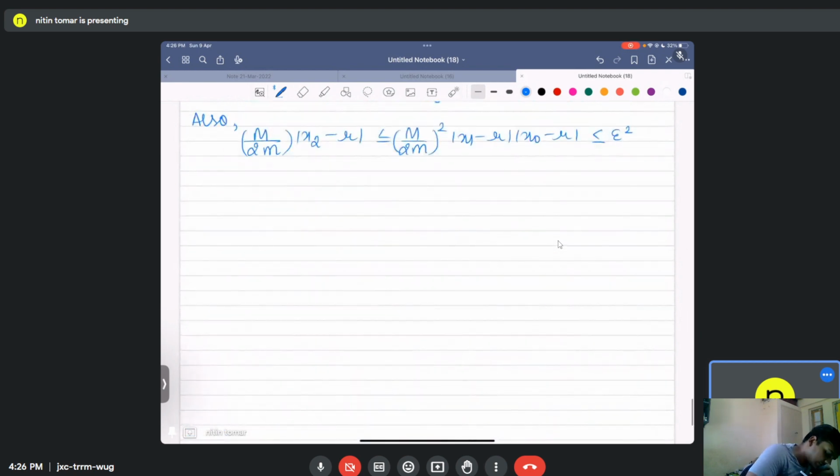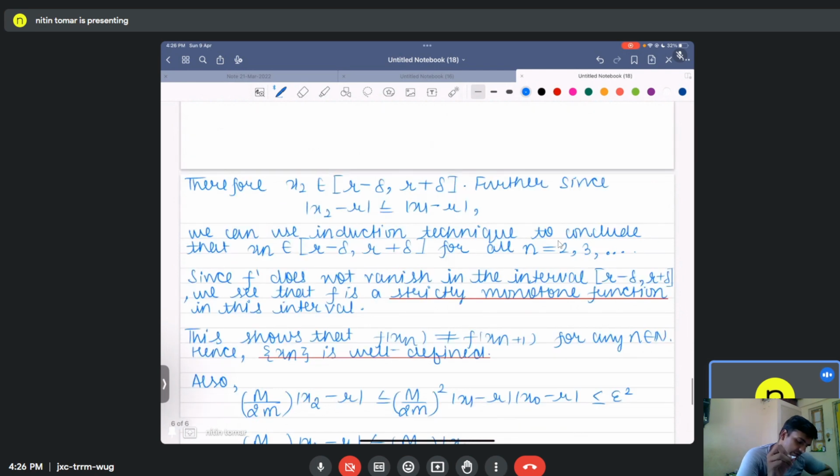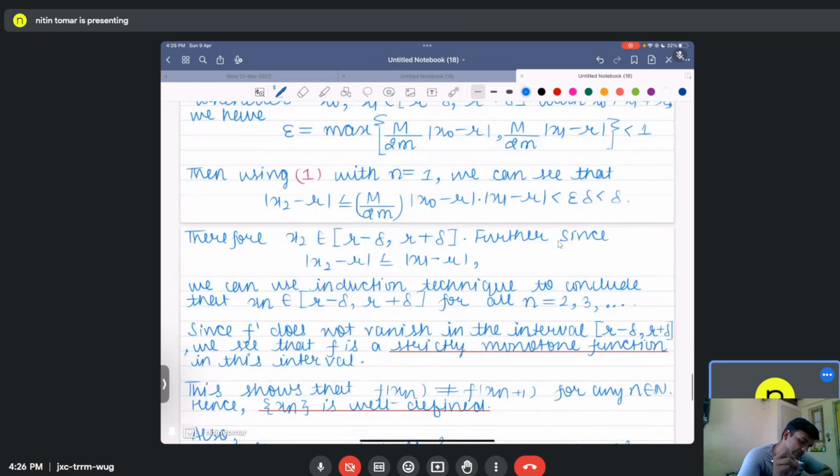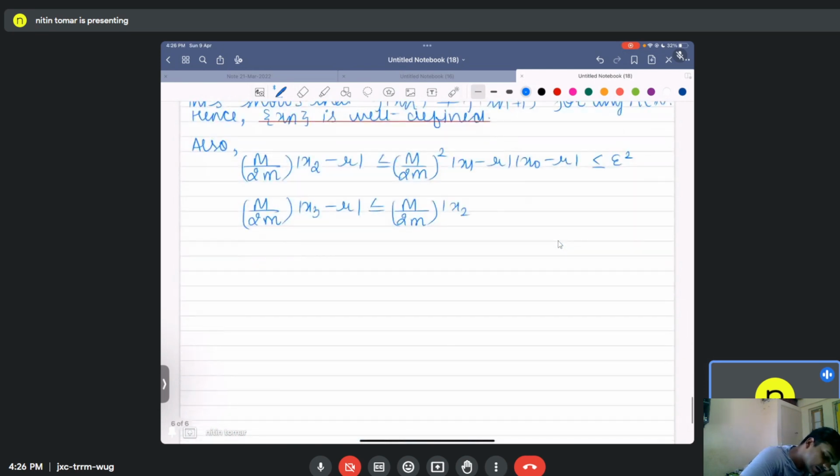Now again you do the same computation with x3 minus r, and you see it is smaller than M by 2m times mod x2 minus r times mod x1 minus r.